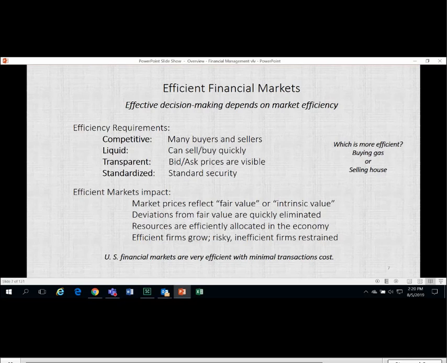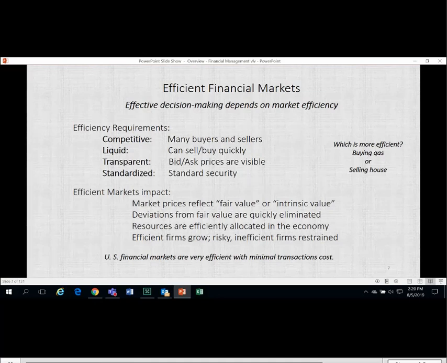Now, why is an efficient market very important? Well, first of all, when it is efficient, prices reflect the fair value or intrinsic value of the security. By intrinsic value or fair value, we mean basically what it should be worth. That is, fundamentally, does the price reflect the real value you're getting? Secondly, deviations from fair value are quickly eliminated. Sometimes prices trend a little bit too high, sometimes a little bit too low.